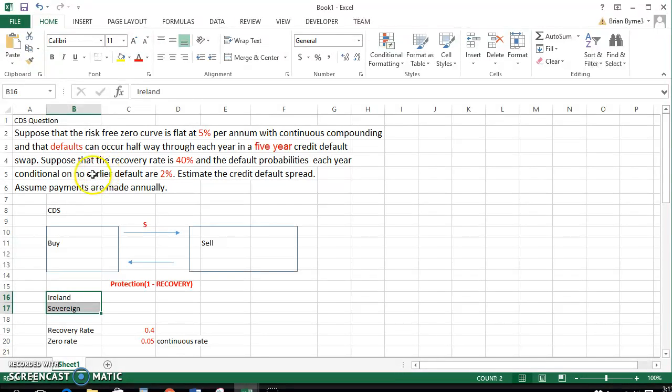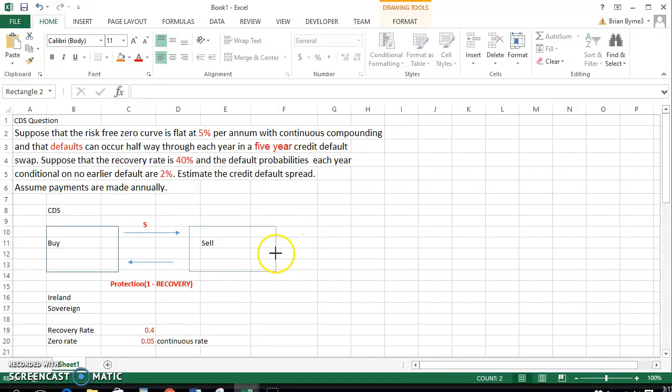Okay, and we have also embedded in the detail of the question here 40% recovery. Again, that's a figure that could have been based on historical data on a particular type of bond with a particular bond rating. Moody's and S&P make those types of estimations under conditions of distress. What's the recovery rate? And then the default itself is 2%.